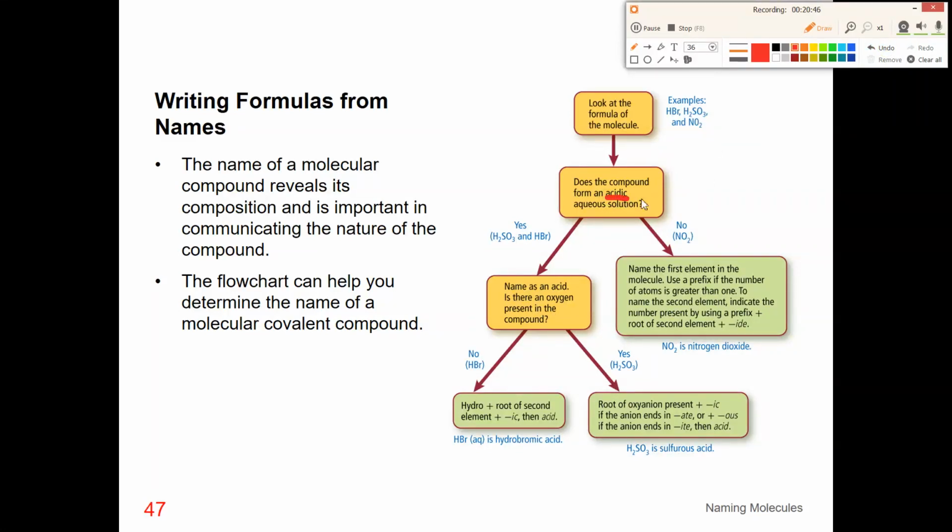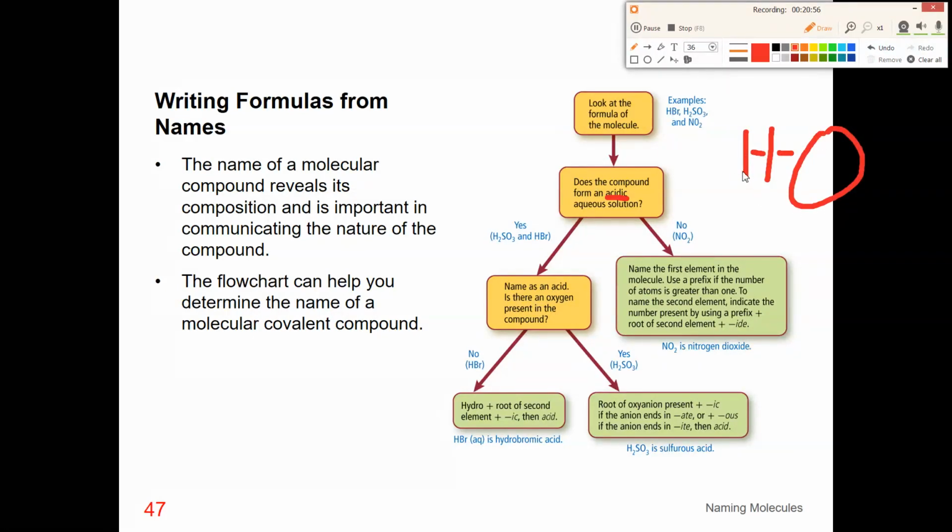An acid starts with hydrogen, hydrogen plus something. If the formula starts with hydrogen, it's an acid. The exceptions we talked about are water and hydrogen peroxide. Other than that, they are all acids.